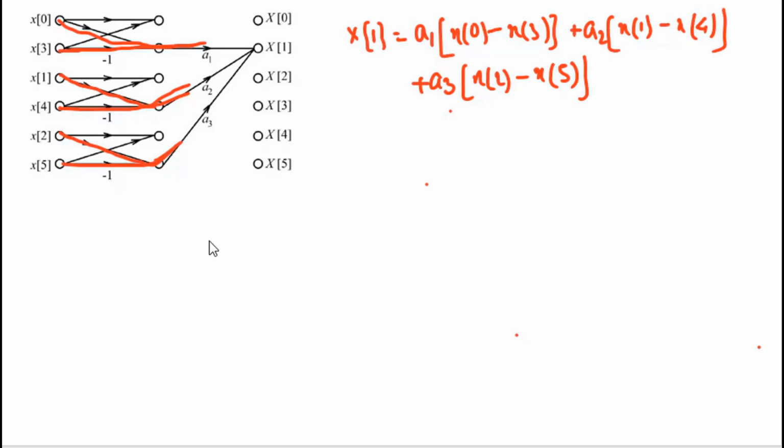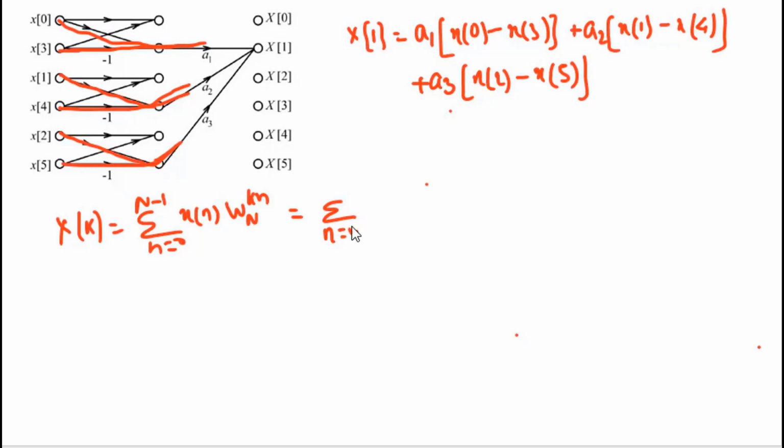From the definition of the fast Fourier transform, you can write x of k as the summation from n equal to 0 to N minus 1 of x of n W_N to the power kn. For N equal to 6, you can write the summation from n equal to 0 to 5 of x of n W6 to the power kn.